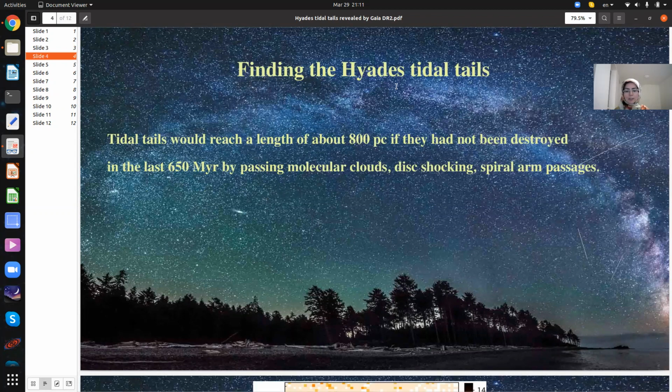Finding the Hyades tidal tails: the scientists of this paper said that tidal tails can have 18 parsec length if they didn't get destroyed during 650 million years by passing molecular clouds, disk shocking, or spiral arm passage.